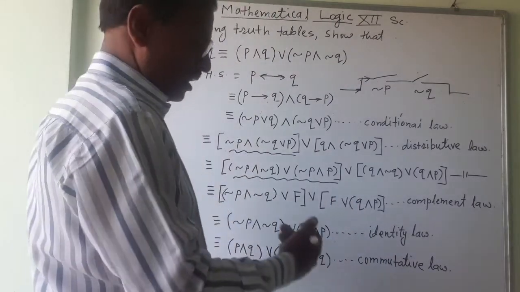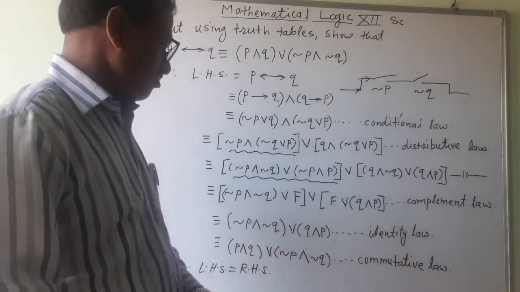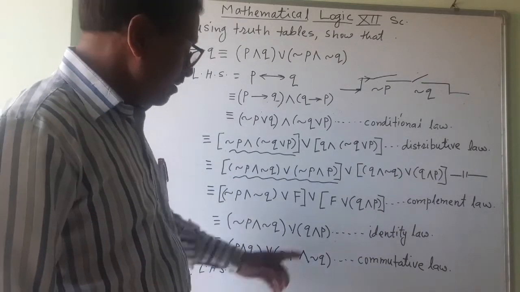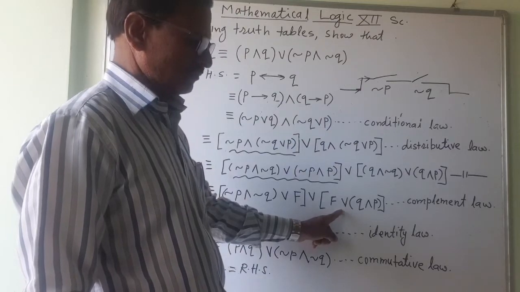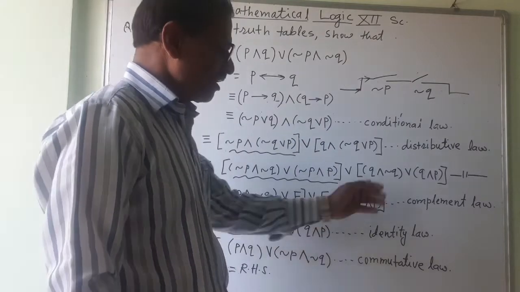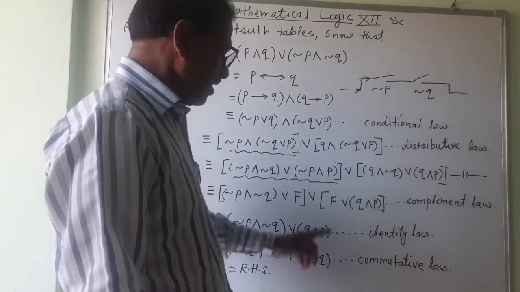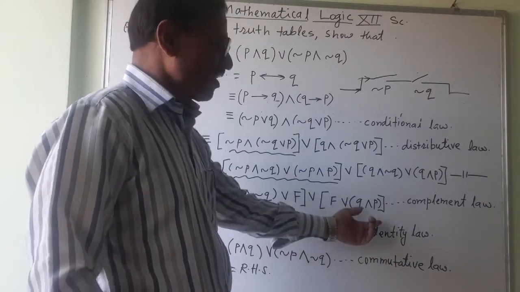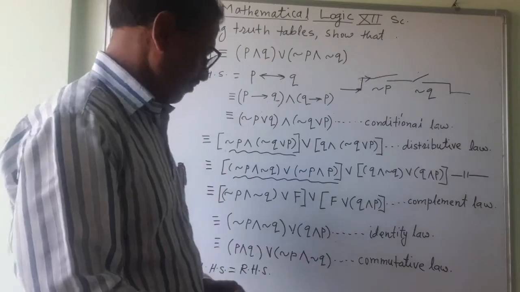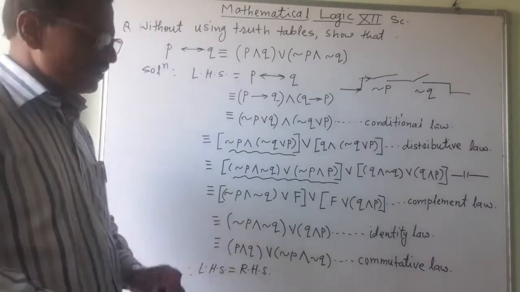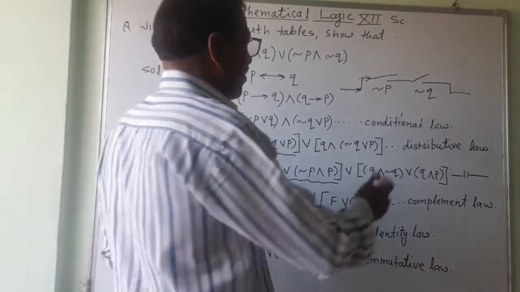But one thing, by this time I have to remind you, if this false switch is in AND, then everything will be false, the result will be false. If AND with this, whatever it is, the answer will always be false. So in some questions you may need to write F and anything.